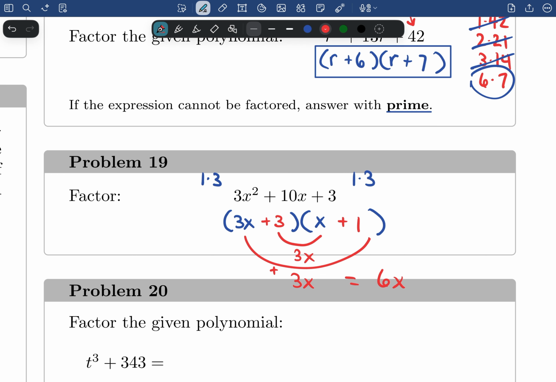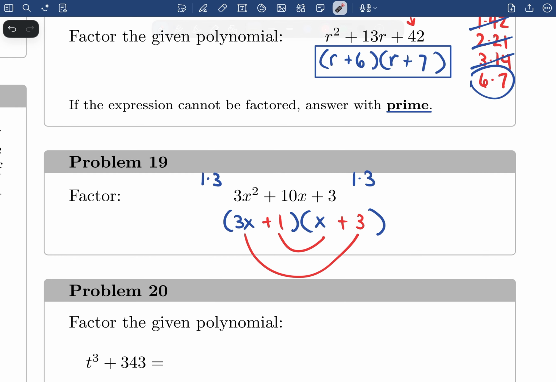And so I go back and I say, okay, well, that was just a trial. What if I switch? So I put the plus 1 here, and then the plus 3 goes here. And I try it again, and I say, okay, the outer and inner terms of FOILing will be, well, 3x times 3, which is 9x. And then a 1x is here. 1 times x is just 1x.